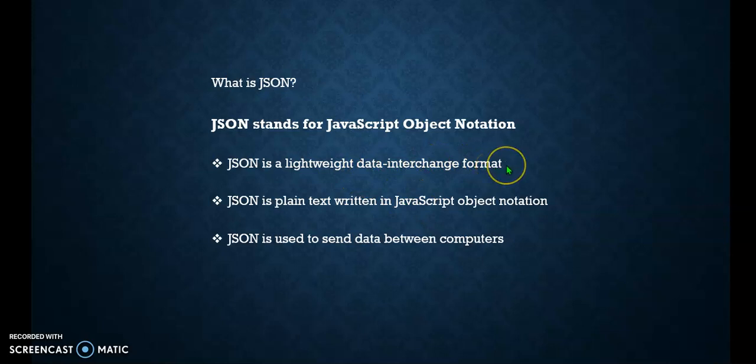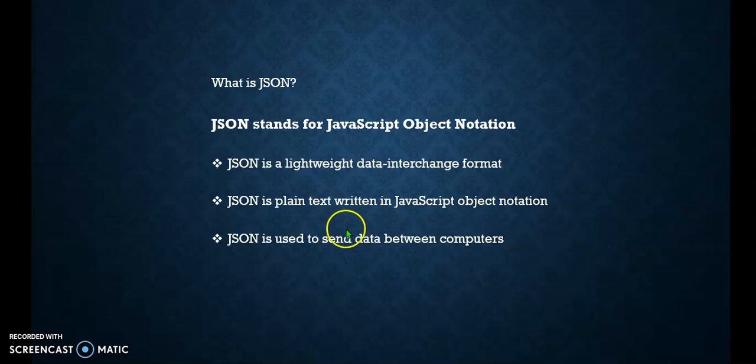This means that it comes when fetched as lightweight data. It doesn't dull the performance of the computer or the web page. It is lightweight and is very easy to use and to work with. JSON is plain text written in JavaScript object notation. So it's just written as a JavaScript object notation is written.